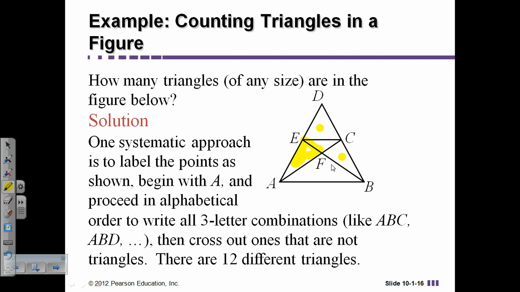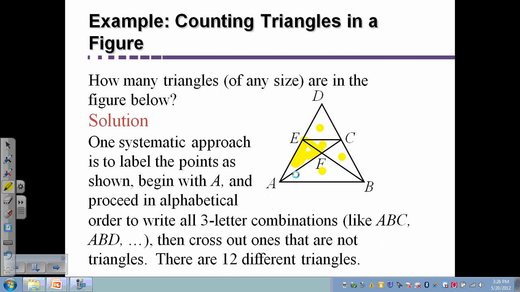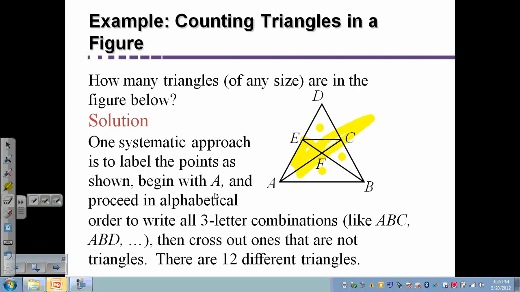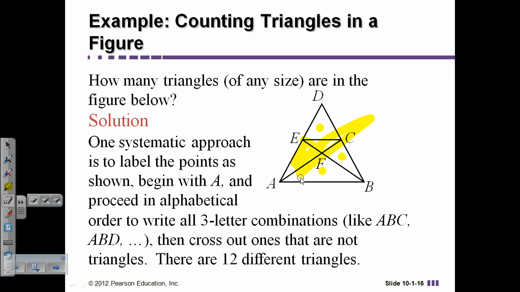CFB only has one region. AFB only has one region. And EFC only has one region. So what we did is we picked out the parts of the triangle that only have one region, and we used that information to come up with our first set of triangles.